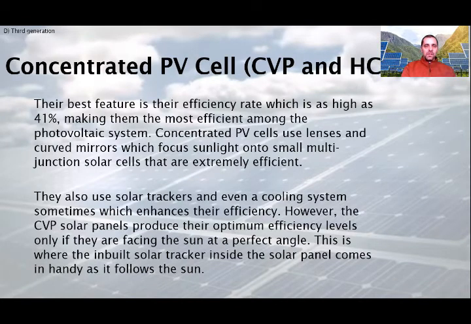However, the CPV solar panels produce their optimum efficiency levels only if they are facing the sun at the perfect angle. This is where the inbuilt solar tracker inside the solar panel comes in handy, as it follows the sun.